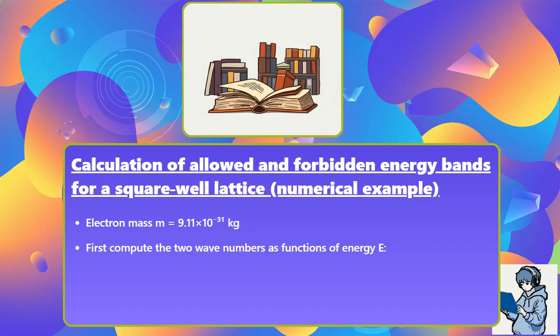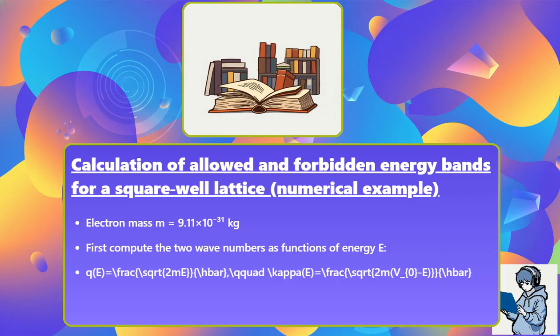First, compute the two wave numbers as functions of energy E. Q of E equals the square root of 2mE divided by h bar. Kappa of E equals the square root of 2m times (V0 minus E) divided by h bar.